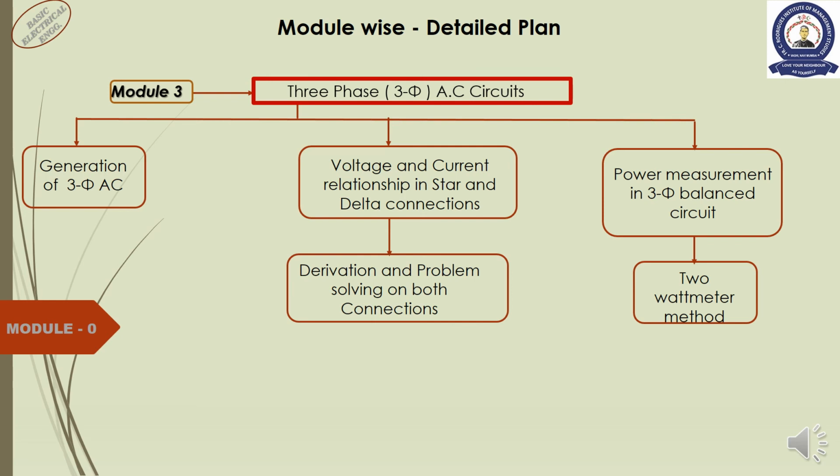Suppose we have three-phase AC, how do we connect those three wires in star and delta connection, the derivation of that, and problem solving for both connections. We are also going to study power measurement in a three-phase balanced circuit. You have balanced and unbalanced circuits. We are going to study that, and the only method that we are going to study is the two wattmeter method.